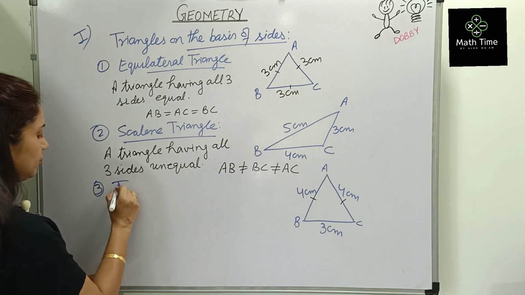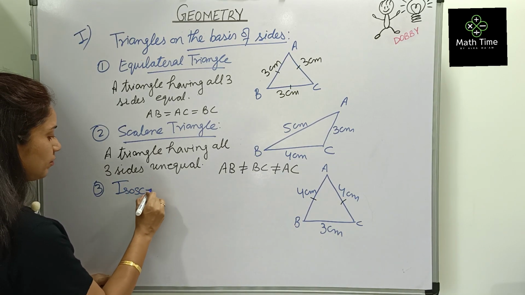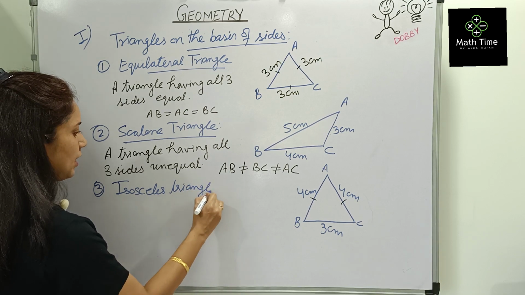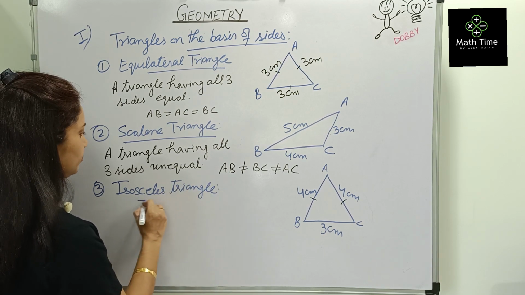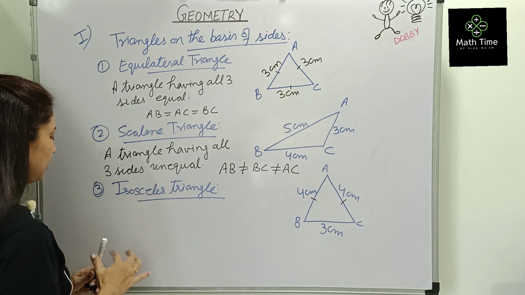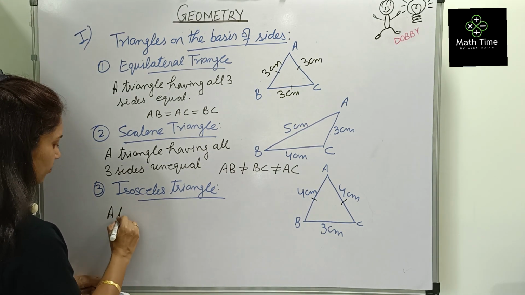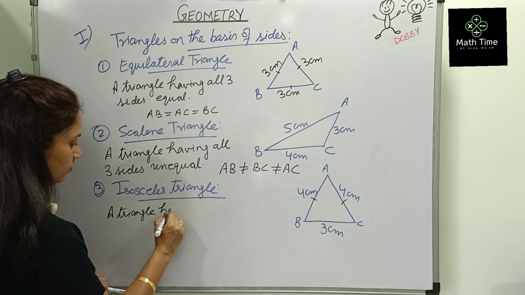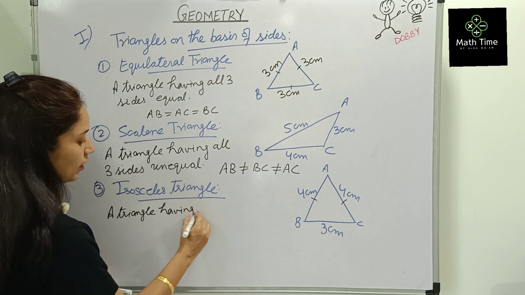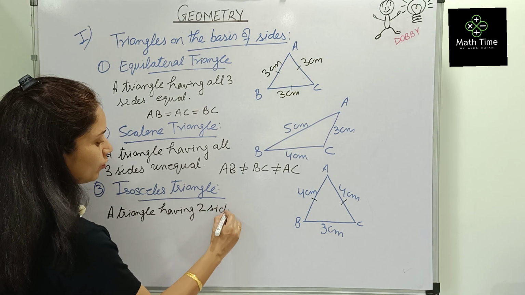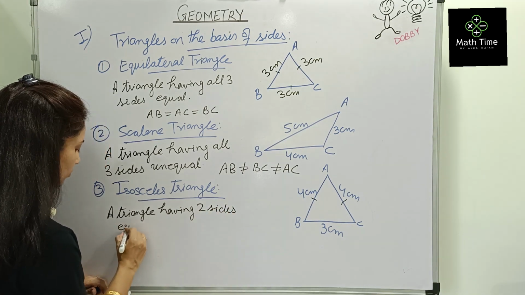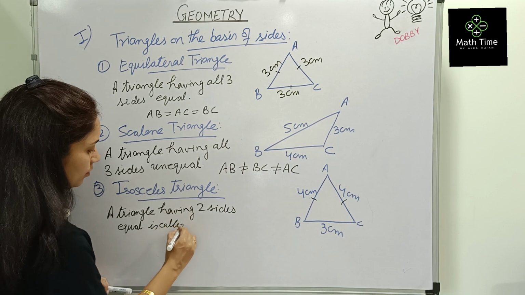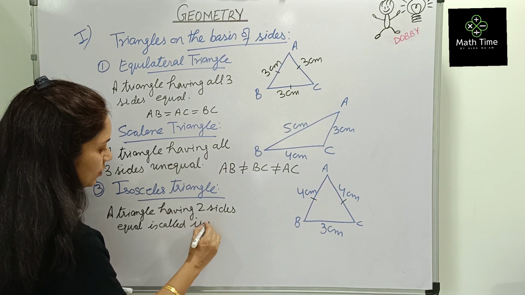Let us write. Isosceles triangle. A triangle having two sides equal is called an isosceles triangle.